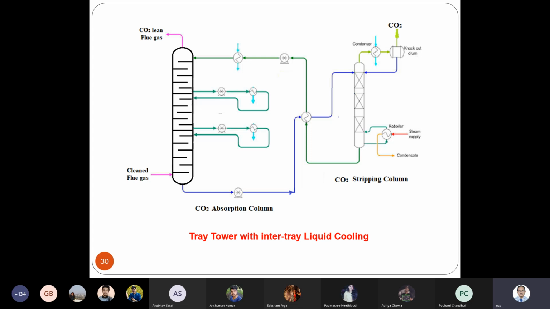But in case of tray towers, that is very easy. We can withdraw the liquid solution from the intermediate tray, cool it outside, and then send it back to the tray just below that. In case of packed towers it may be possible, but we have to do this kind of special arrangement, which obviously means increased cost. So you have to consider that.